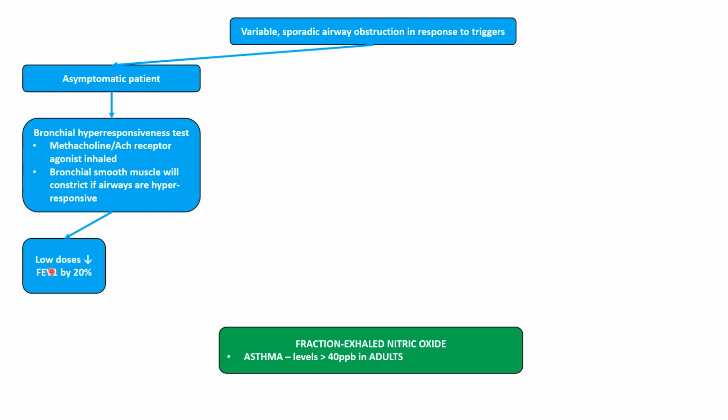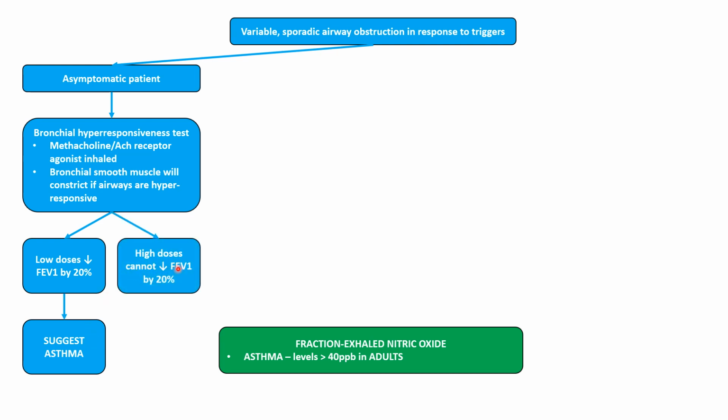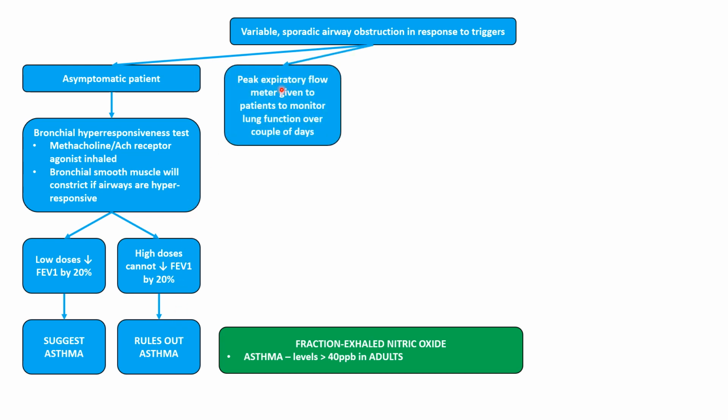If low doses decrease the FEV1 by 20%, this is very suggestive of asthma, although there is quite a high false positive rate. If high doses cannot decrease the FEV1 by 20%, this is going to rule out asthma as an underlying cause.